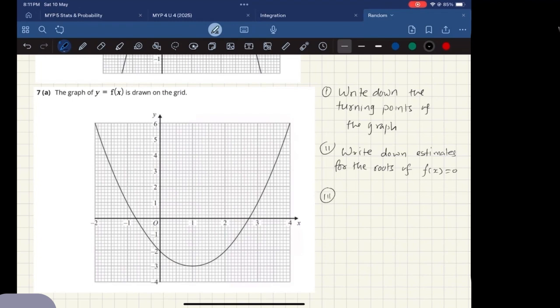And the third one is, use the graph to find an estimate of f of 1.5. Do you find anything new in this question?